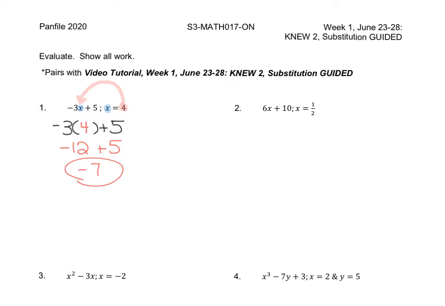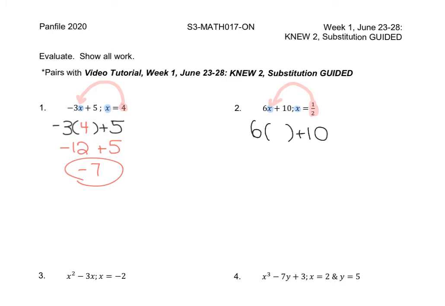Let's look at number 2. I see that I'm substituting 1/2 for x. I've highlighted the x, and I see where I'm putting it. I'm going to write my template, so I'm just rewriting my expression with everything except my variable in it.